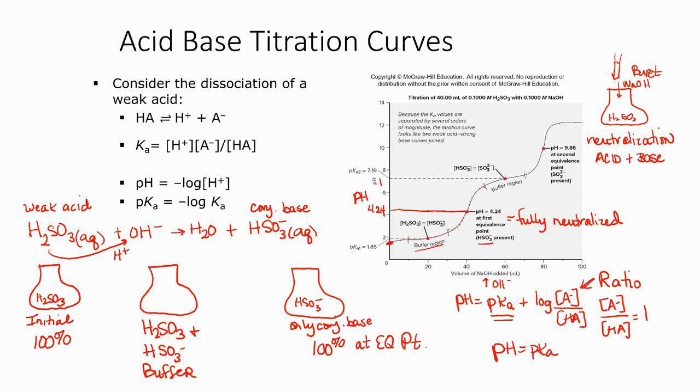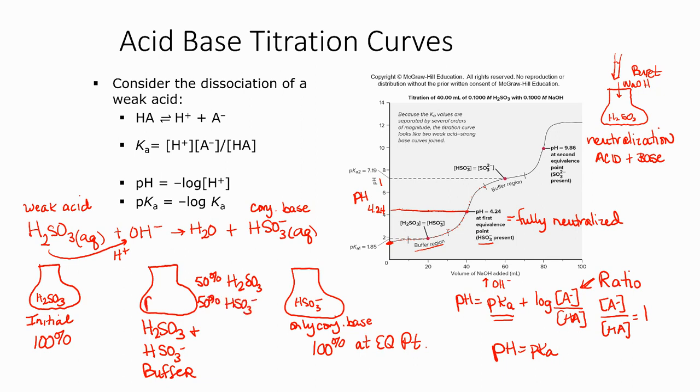Now on this titration curve, where are we going to end up with that ratio of 1? It actually will turn out to be when I have 50-50 of weak acid and 50% conjugate base.